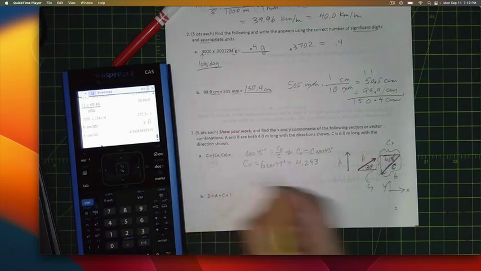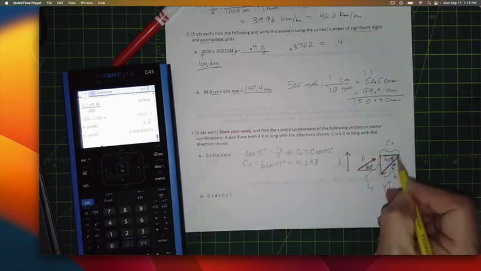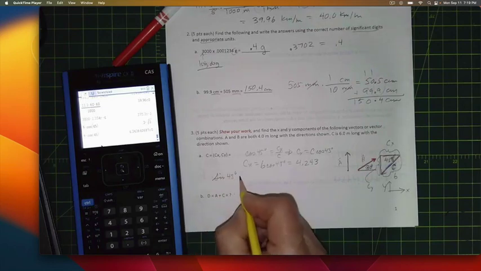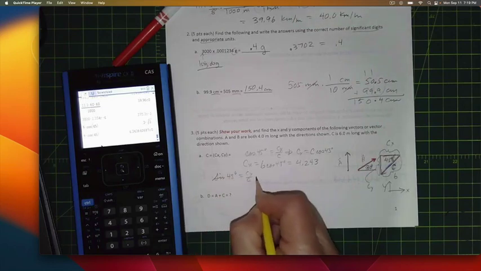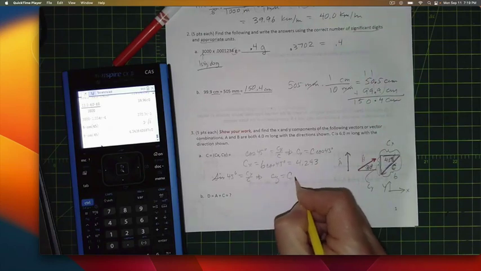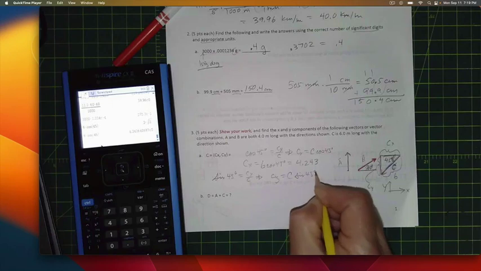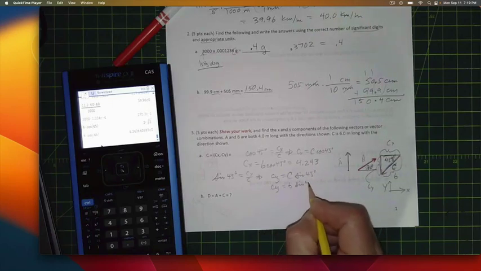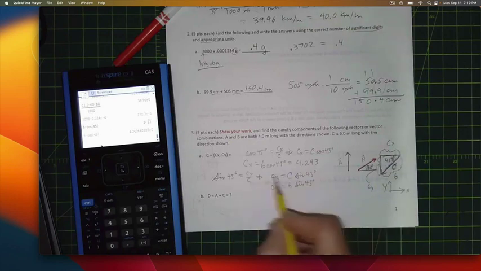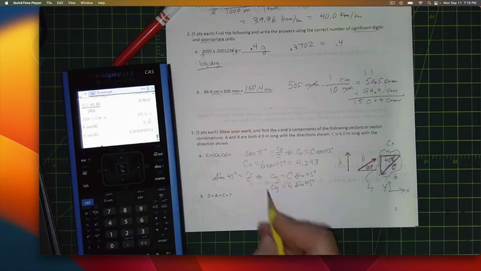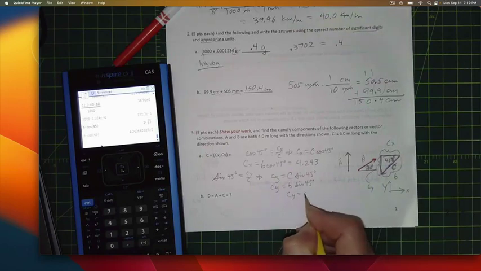Similarly, looking at the other side, C sub y is related to sine. Go back to the definition if we have to: sine 45 equals C sub y over C. So C sub y is C sine 45, which is 6 sine 45. Knowing sine and cosine of 45 are the same, since it's an isosceles triangle, C sub y is also going to be 4.243 meters.